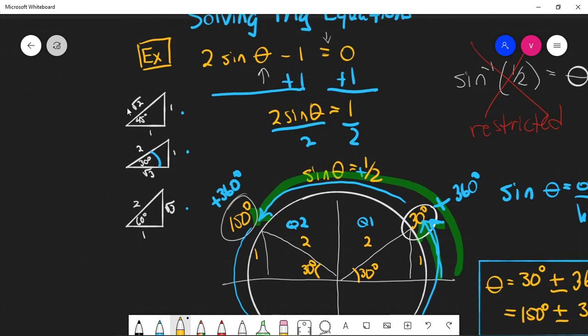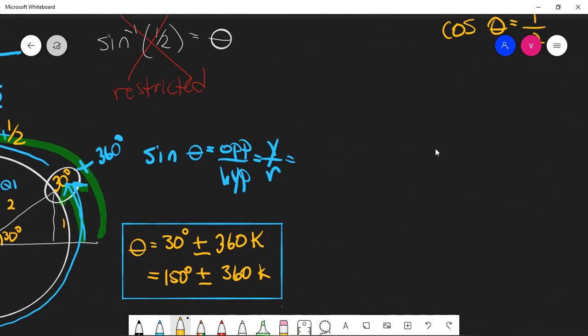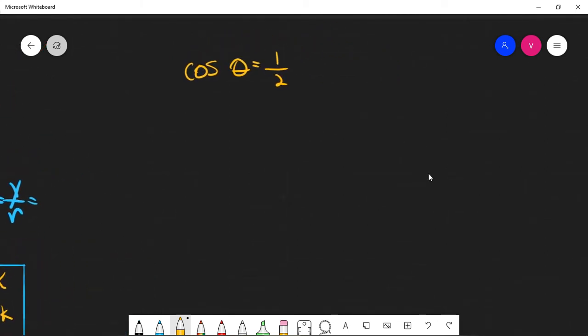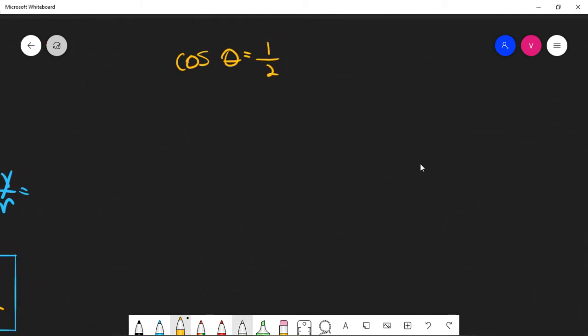Adjacent over hypotenuse, so not 45, not the 30, but the 60. Adjacent to 60 over hypotenuse is 1/2. So it's a 60-degree reference angle. You're trying to find everywhere on the unit circle that this would be true.